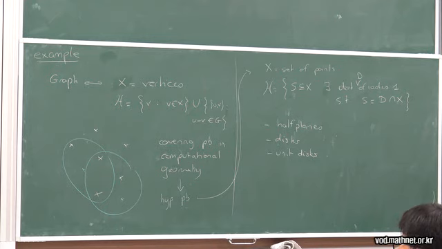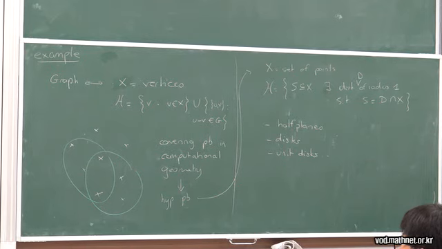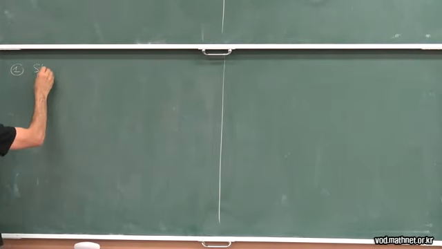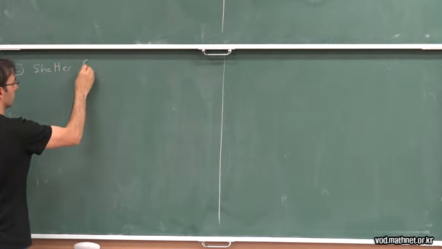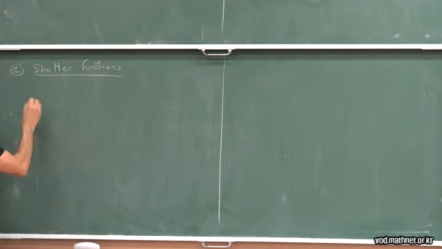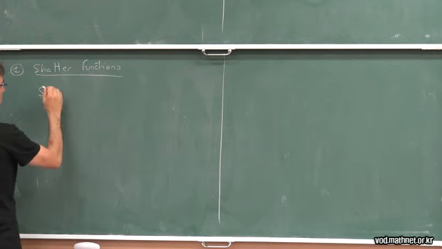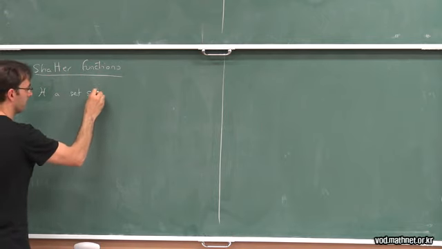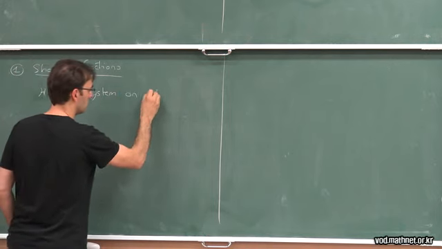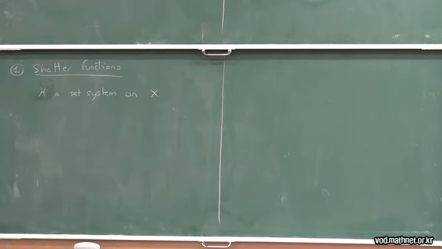Let me define them. So you take H, a set system on X. You can think of X as being the integers from 1 to n.